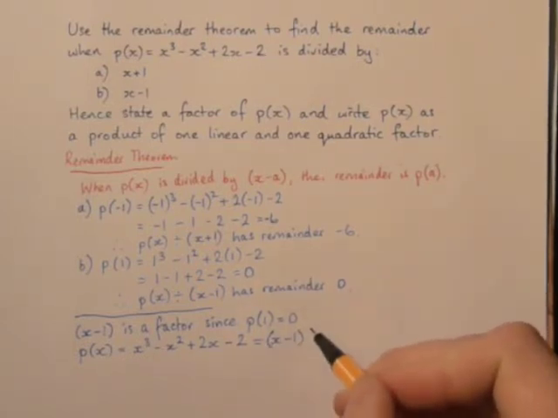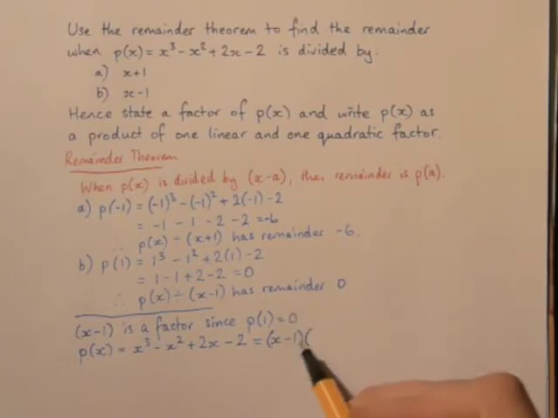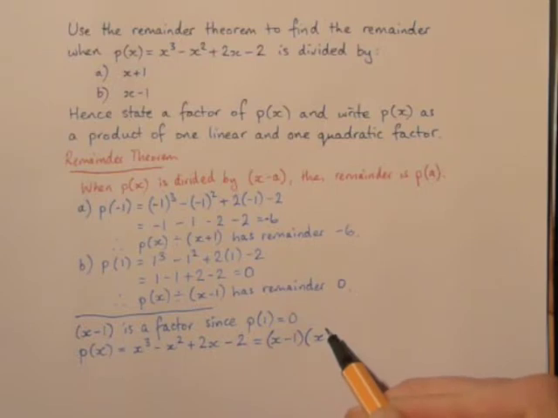So we're suggesting that our cubic polynomial is the product of x minus 1 and some quadratic factor. So x times something gives me x cubed, so it must start with x squared.